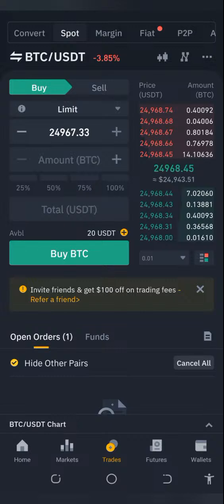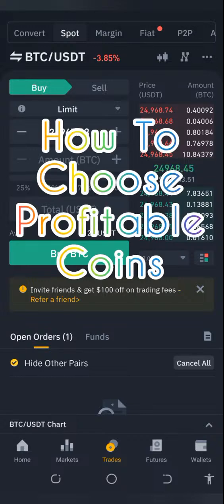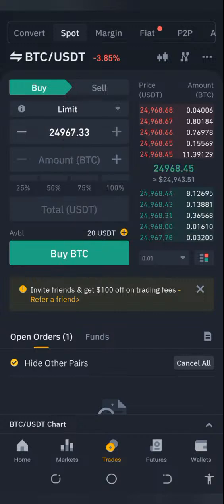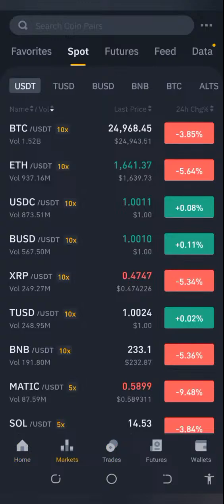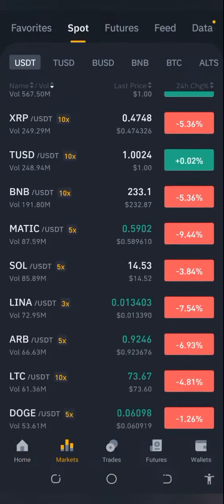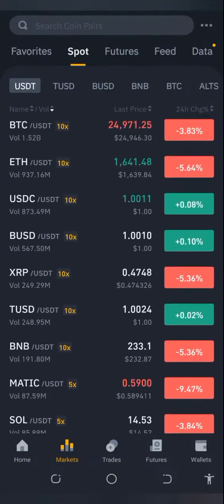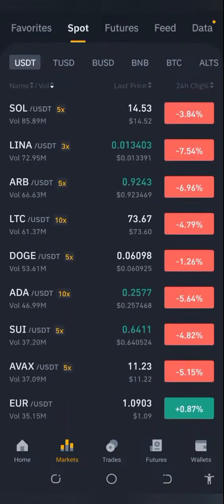So in our income strategies program, first off, we're going to share with you all the vital information that you need to choose profitable coins. Yes, you need to know how to choose profitable coins. Let me go to the homepage so you understand what I'm saying. On markets, we're going to see all these awesome coins. Can you see all these beautiful coins? When you click on spot, you'll see so many coins here.